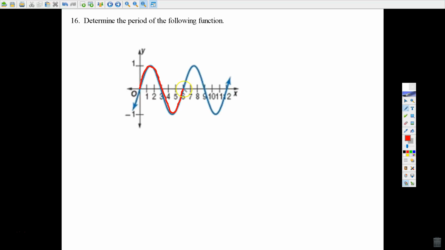Okay, now I'm back to where I started. I'm back to the x-axis, and from there it's just repetition. So a period is this horizontal length, and you can get that pretty easily from the x-axis. The answer here would be 6.